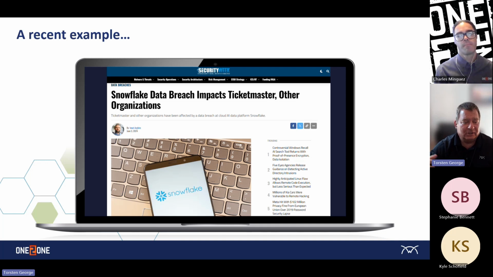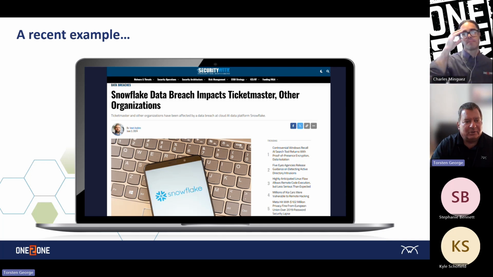But this is a good example. Snowflake is holding huge amounts of data for different companies. Ticketmaster, one example. The other one, which is a far bigger impact for all of us, was a background checking company out of Canada. It's being used in North America predominantly. It's the number one background checking company. So if you apply for a job, if you are in interaction with law enforcement, if you apply for a passport, this is the service that's being used.